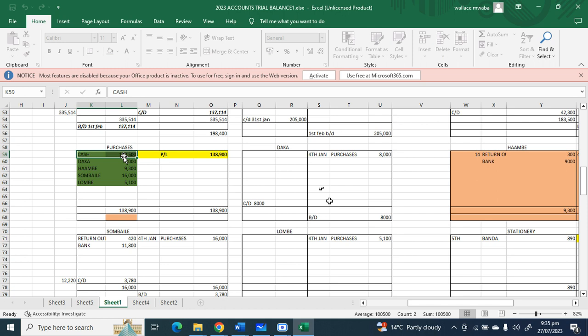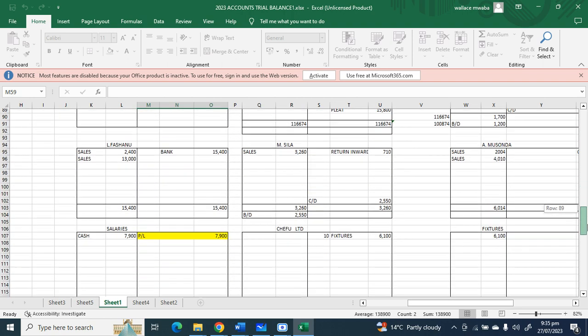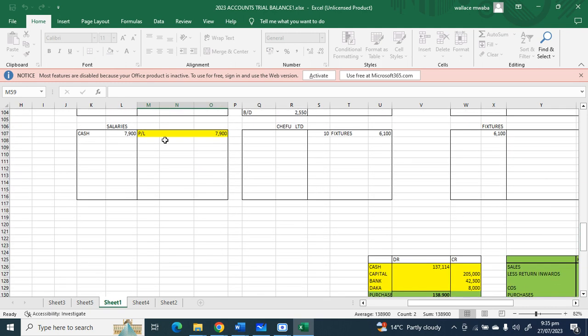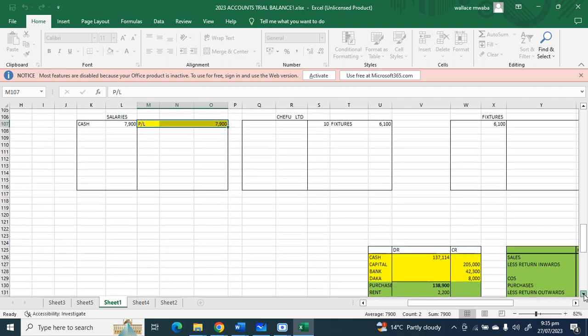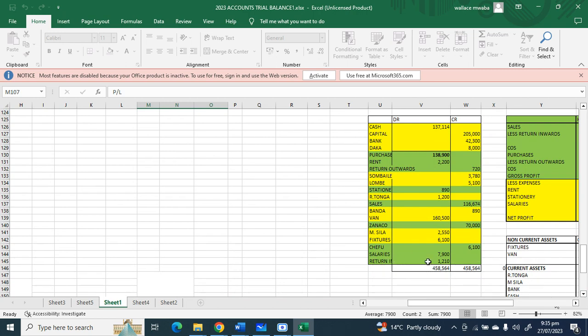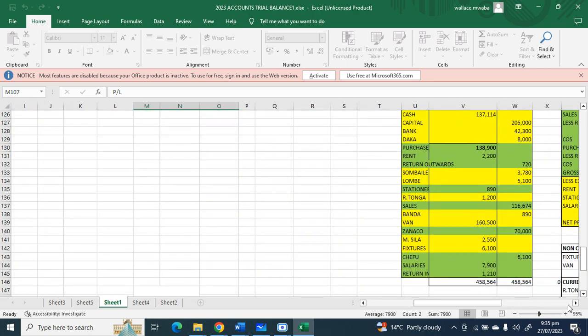Okay. And then for these accounts which you've closed, if you close it using the credit, then on the trial balance, it's going to appear on the opposite side. As you can also see, like the salaries account, we've closed it by crediting it. So on our trial balance, you find salaries, which is here. It's on the debit side.